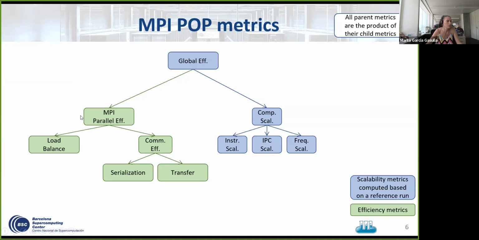The green ones are efficiency metrics, while the blue ones are scalability metrics. This means that the green ones can be computed on their own in any case, and the blue ones need a base case to be computed. So we have several runs, and then we compute the blue ones based on the first one. All the parent metrics are the product of their child metrics.